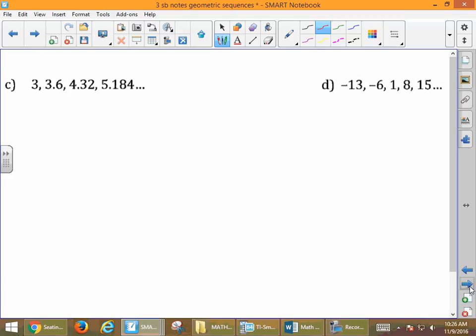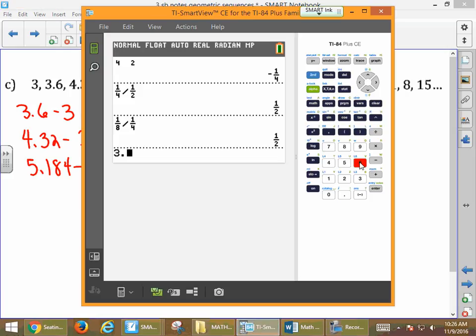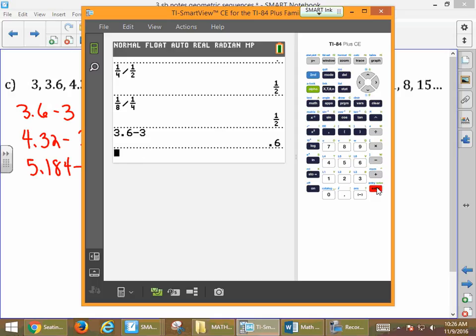And once again, when we start here, and don't write this down, I'm going to start with 3.6 minus 3. And 4.32 minus 3. And 5.184 minus 3. The second that we get different values when we subtract, that means that it's not arithmetic. So if we do 3.6 minus 3, we get 0.6.